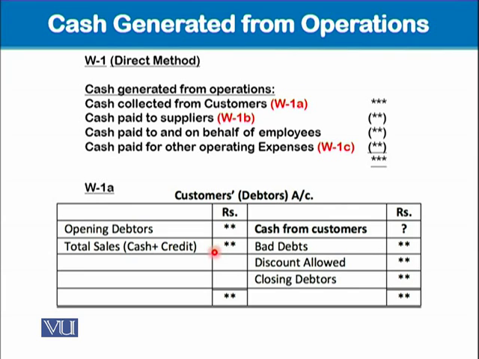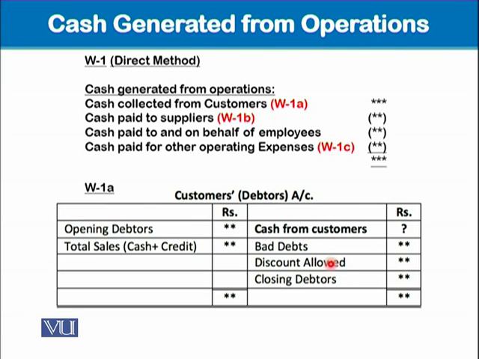Ultimately we need to know how much cash we have received from cash customers as well as credit customers. That's why we have to put all cash and credit sales over here. So bad debts, discount allowed, sales return, and all other items that appear in the credit side of debtors account will appear over here.